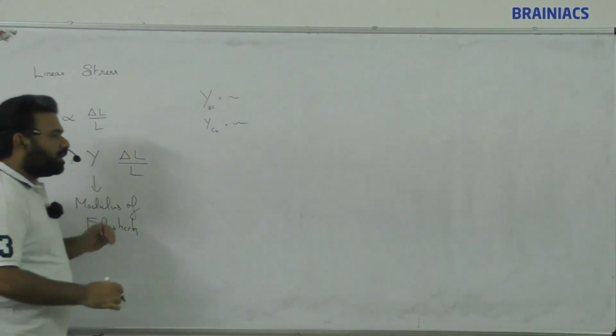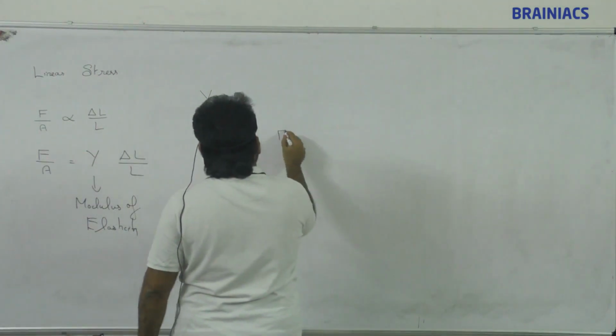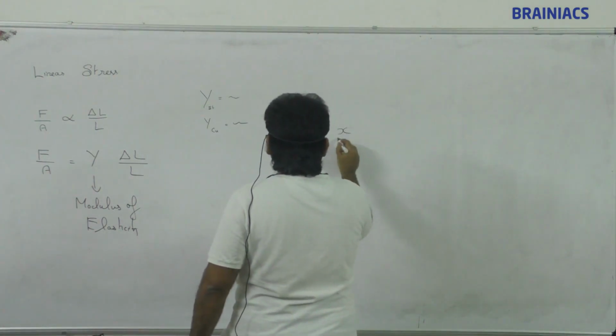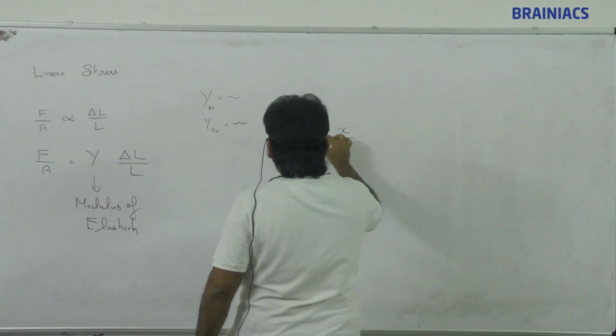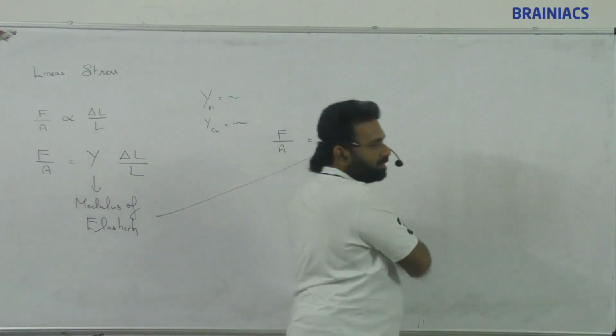The same thing is done for shear also: F by A is equal to some constant into x by L. Its name is also modulus of elasticity.